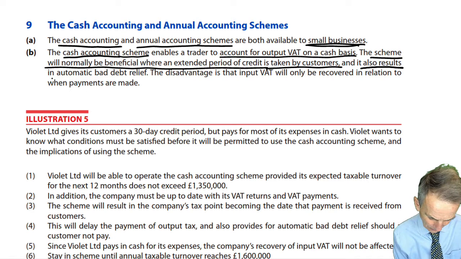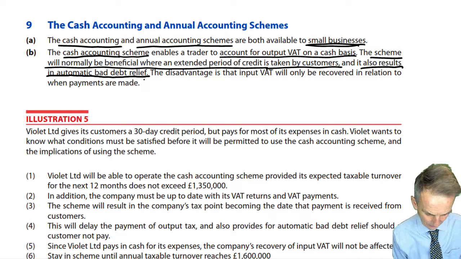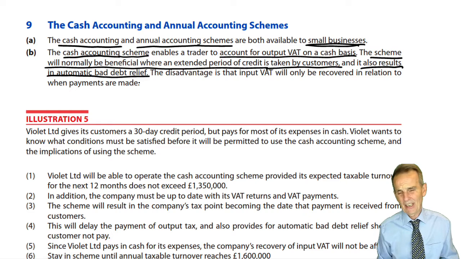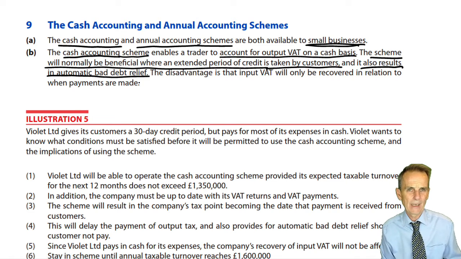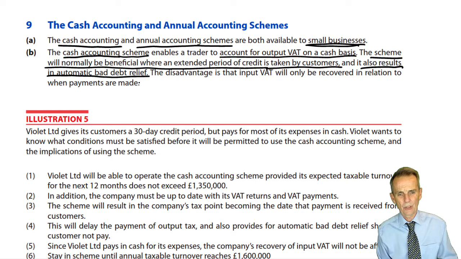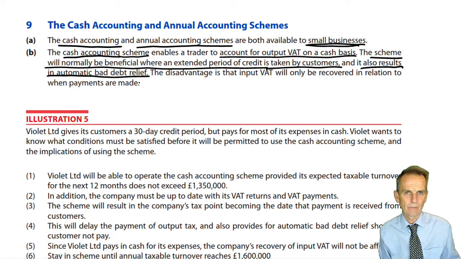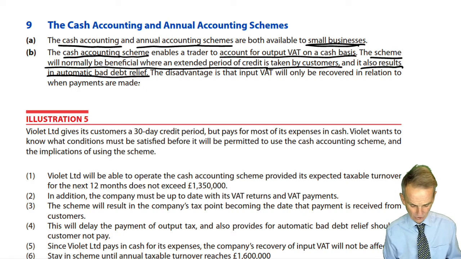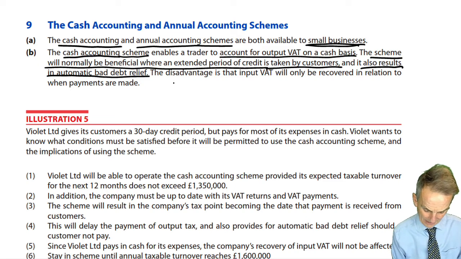It also results in automatic bad debt relief, i.e., instead of us having to account for output VAT when we issue the invoice, now only having to account for output VAT when the cash comes in. If the cash never comes in, sad though that is, at least we never have to account for output VAT in relation to that sale.